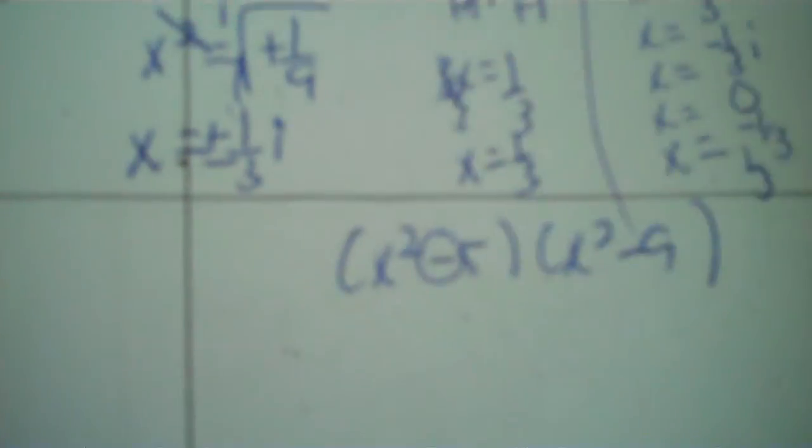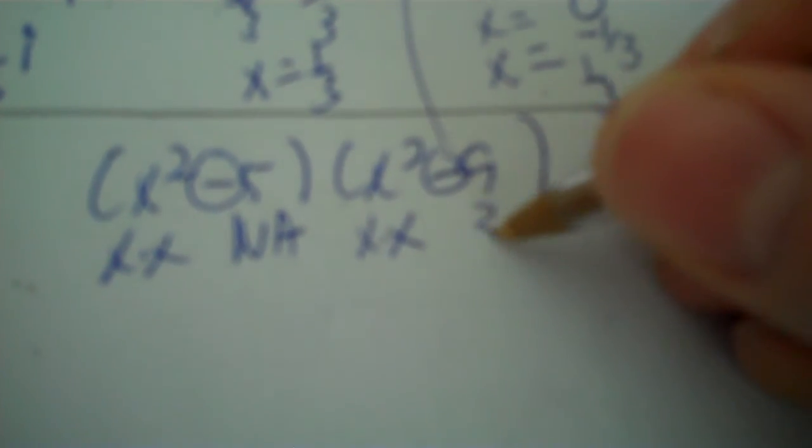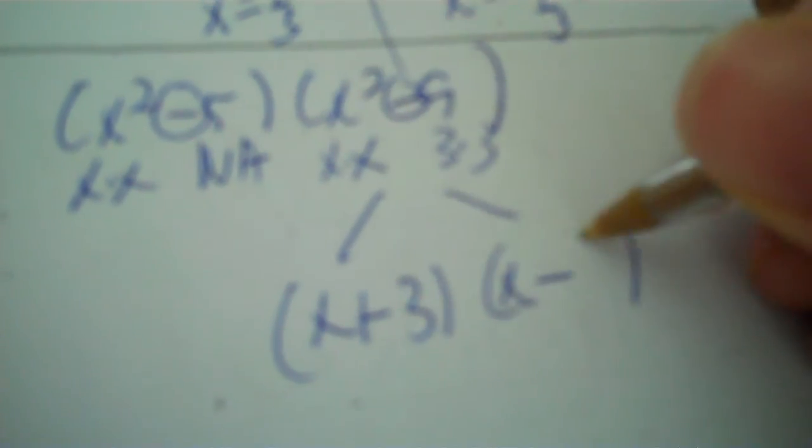So on your dots check, x² - 5, x² - 9. Now they both have minuses, and that's a perfect square, but the 5 isn't, N/A. So you drop x² - 5. That's a minus. x² is a perfect square because that's x times x. 9 is 3 times 3, so that's going down. (x + 3)(x - 3).